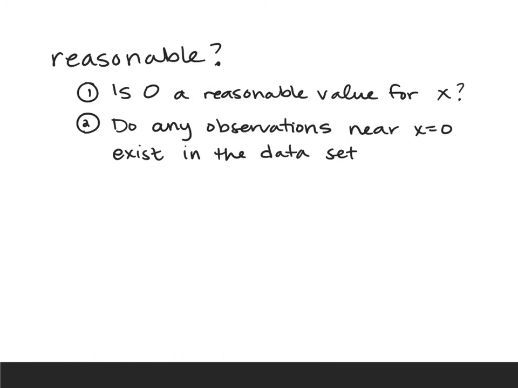And so that is reasonable. And do any observations near x equals 0 exist in the data set? Now, in that case, the question comes down to, is 35 feet close to 0? And that can actually kind of go either way, because we go all the way to 190, and as far as that's concerned, 0 is really not that far away.